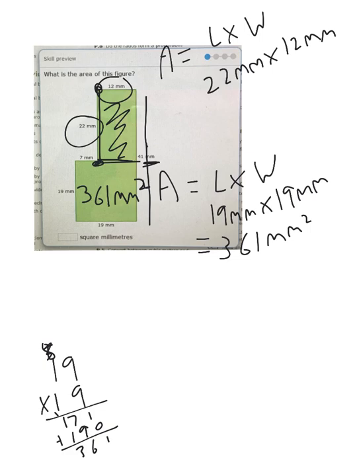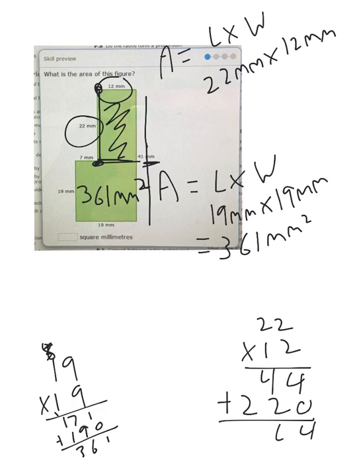I'll do that over here. 22 times 12, 2 times 2 is 4, 2 times 2 is 4, 0 down. 1 times 2 is 2, 1 times 2 is 2, plus it together, 4, 6, 2. So this part, 264 millimeters squared. So I can't really write that in there, but there.